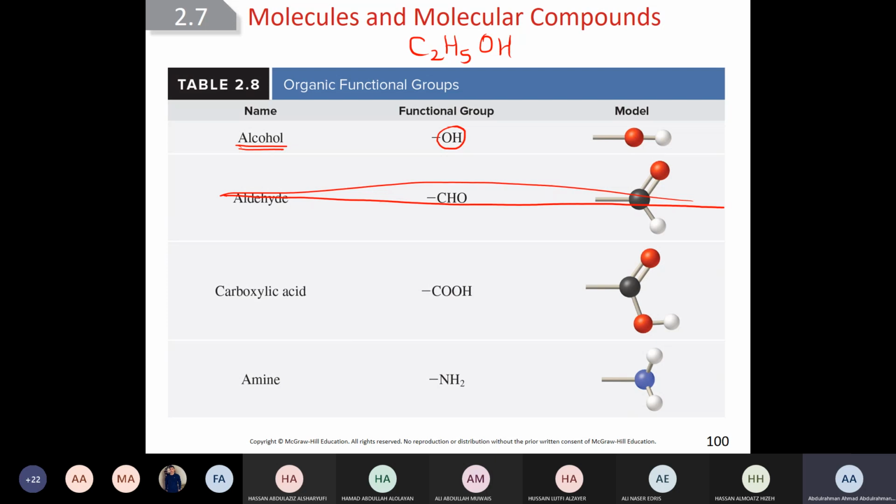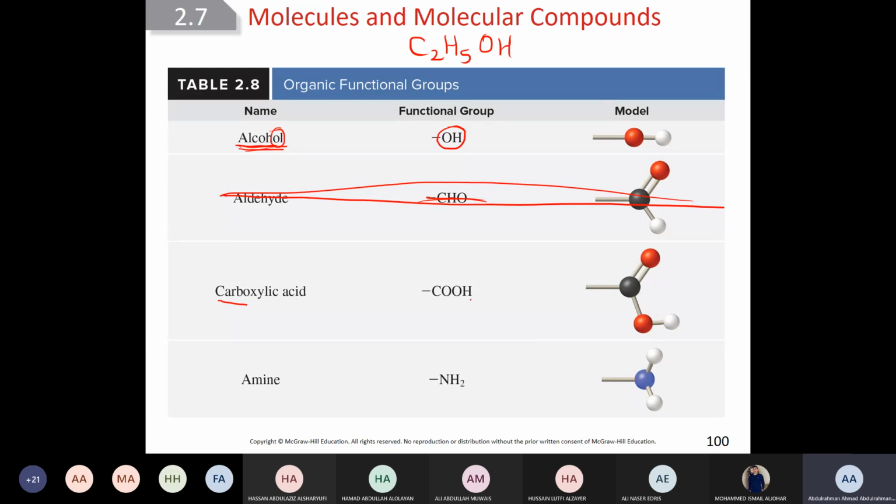Acetate, I think? No, it's not acetate. It's alcohol, and we end up with ol at the end. I just want you to know if it's OH, then it is called alcohol. That's it.